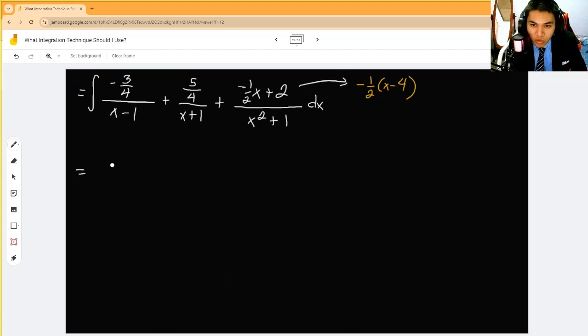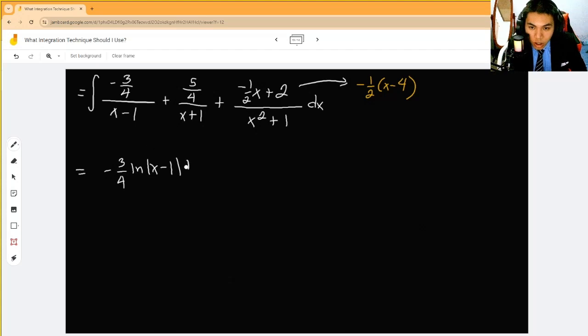So for this segment right here, we shall have negative 3/4 times the ln of the absolute value x minus 1.